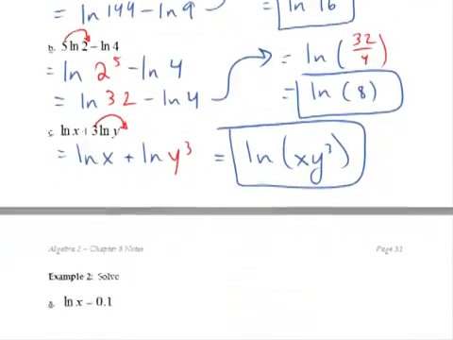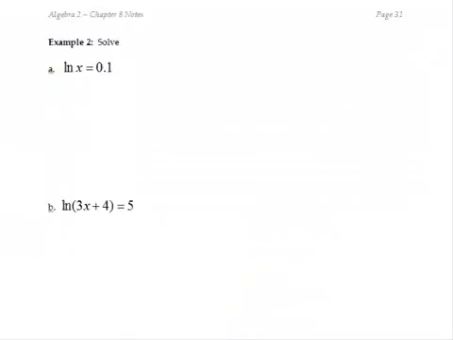Other things that are the same are when we solve. Now for our solving section here, it's helpful for us to remember our conversion, that when we have log base b of y equals x, this converts to y equals base b to the x power.